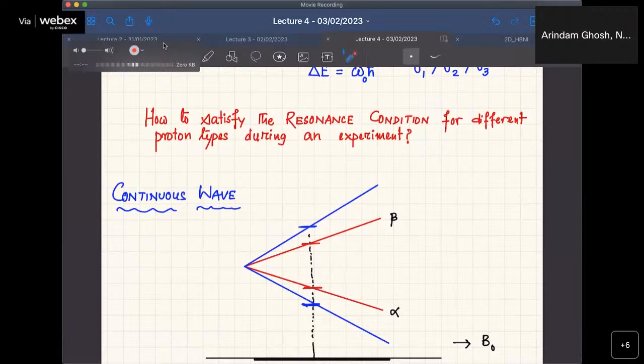That particular energy is fixed, correct? So let me try drawing that particular energy. Suppose this is the amount of energy I'm giving.